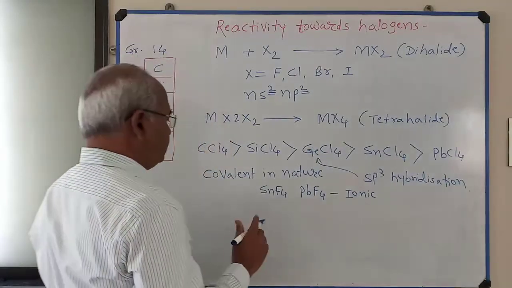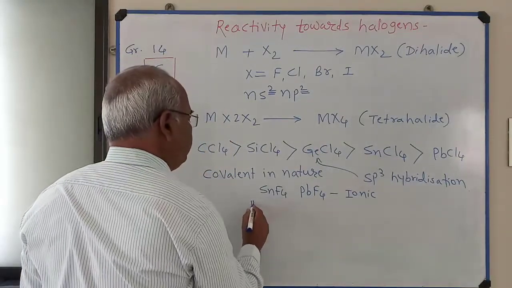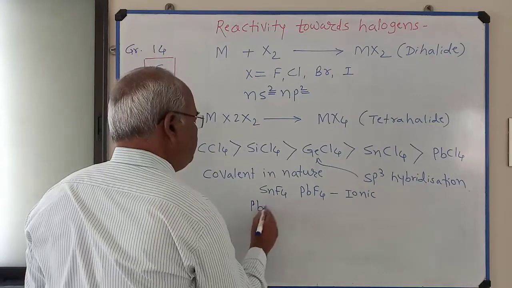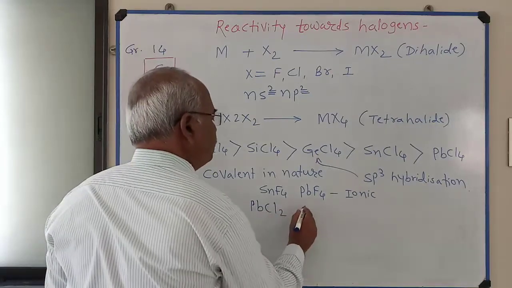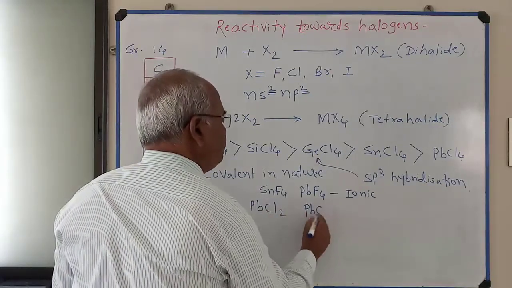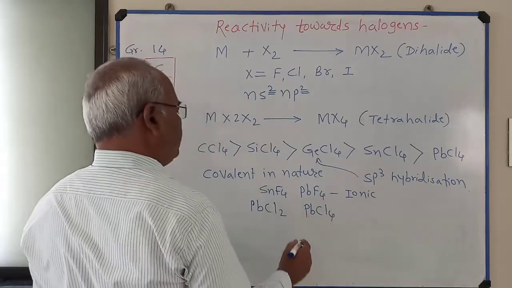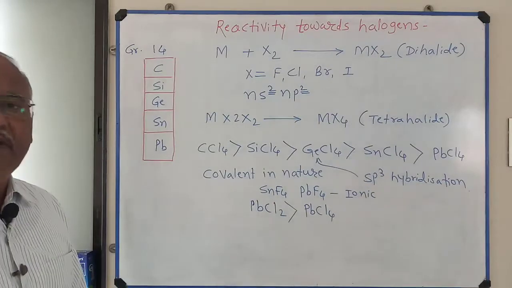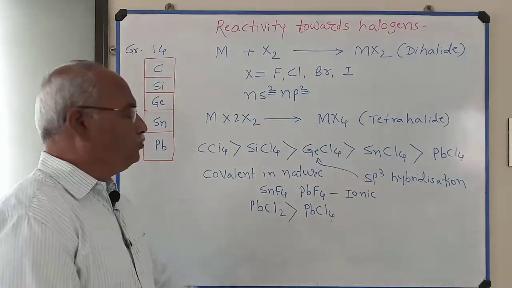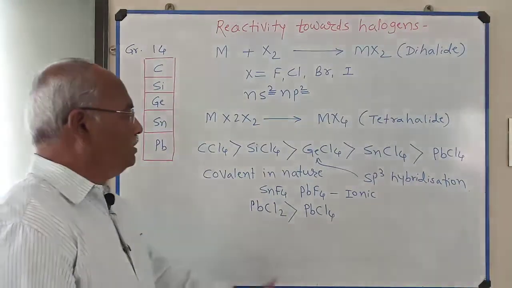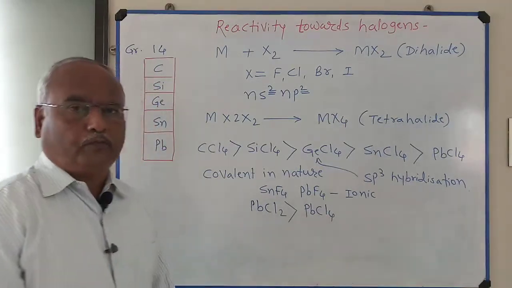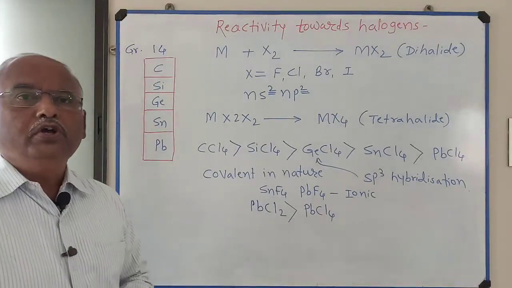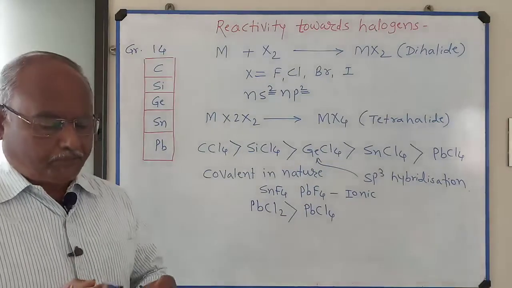I give you the example of PbCl2 and PbCl4. PbCl2 is more stable than PbCl4. This is due to inert pair effect.